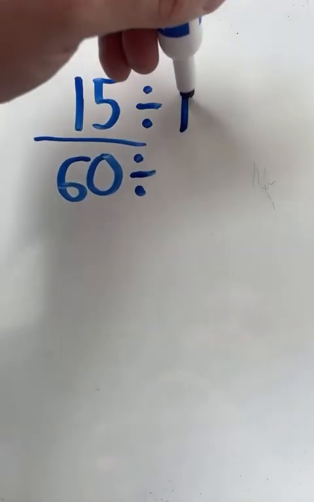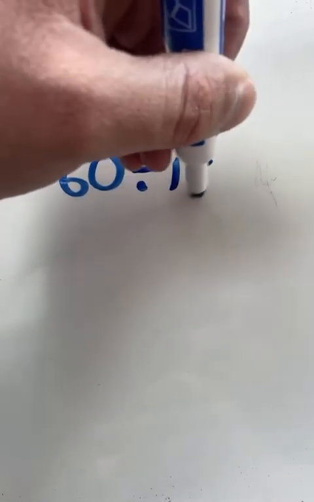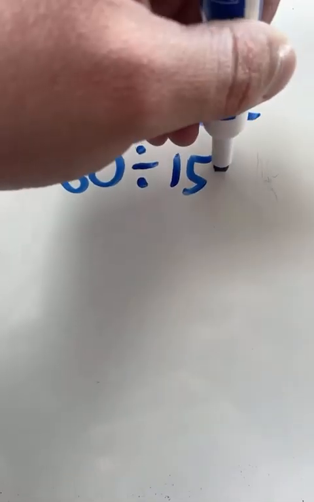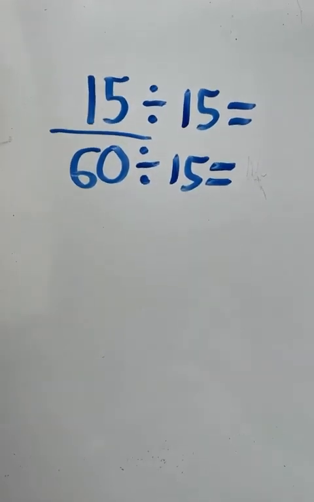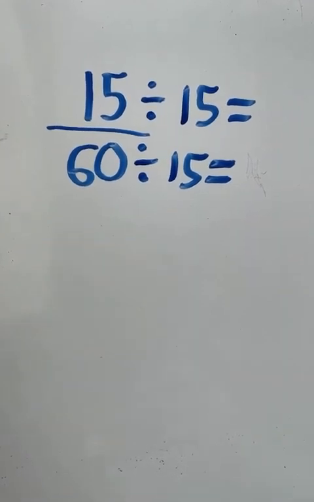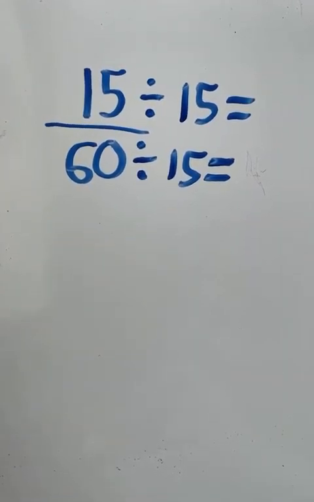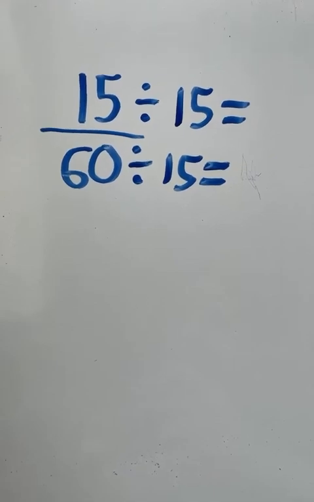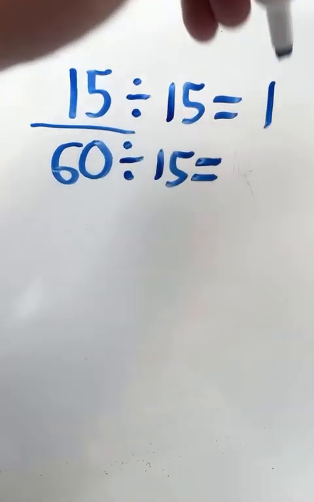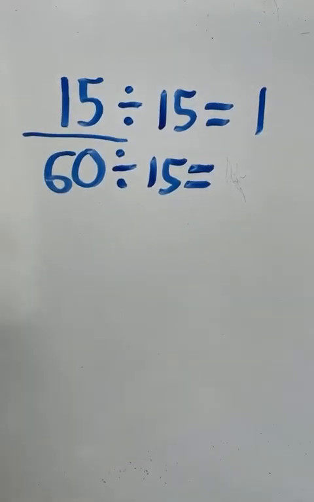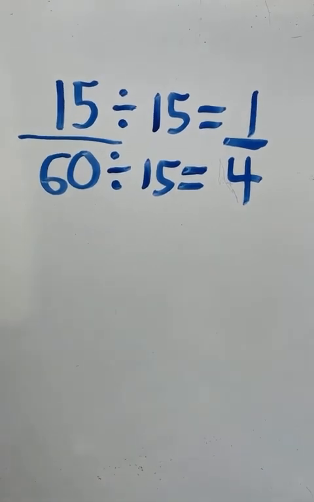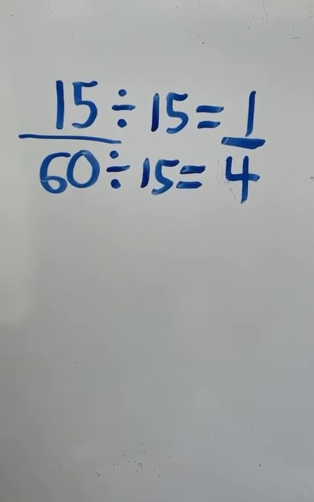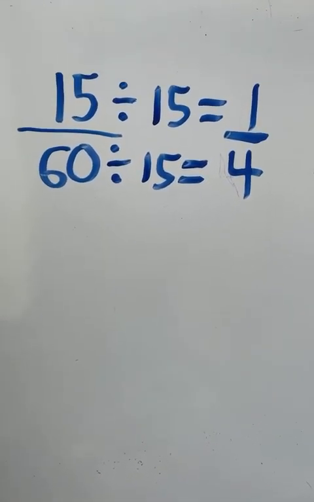So we're going to divide the numerator and the denominator by 15. 15 divided by 15 equals 1. 60 divided by 15 equals 4. And we have our final answer. 15/60ths reduced to lowest terms equals 1/4.